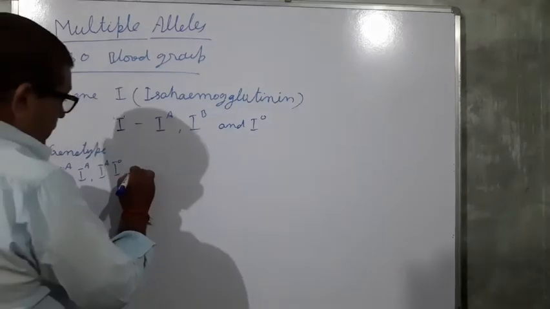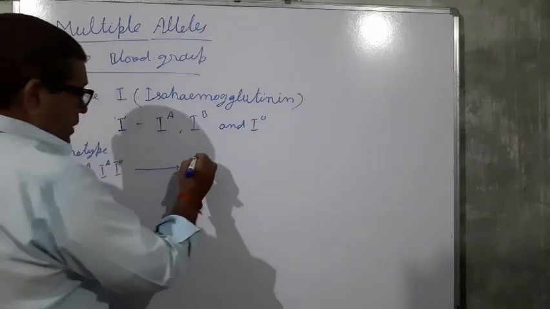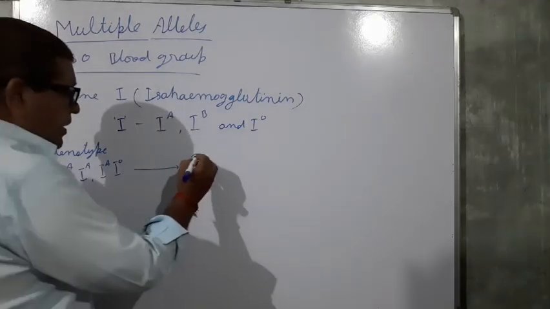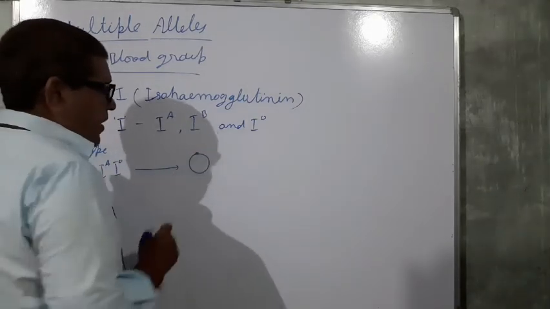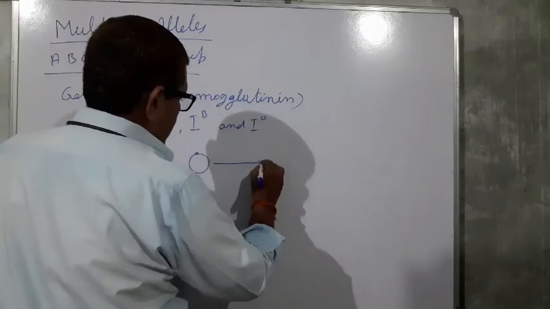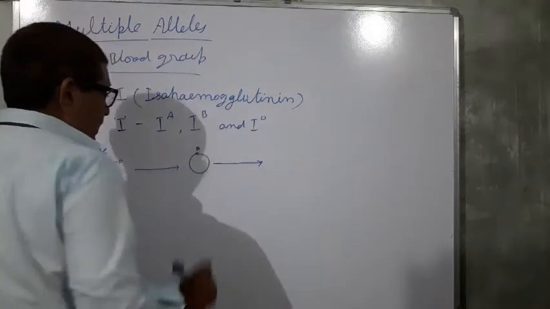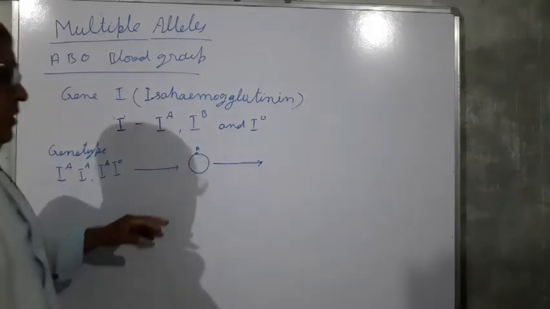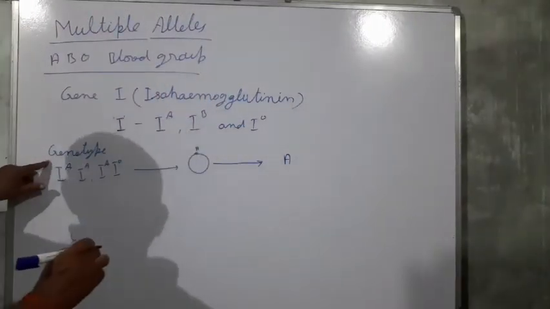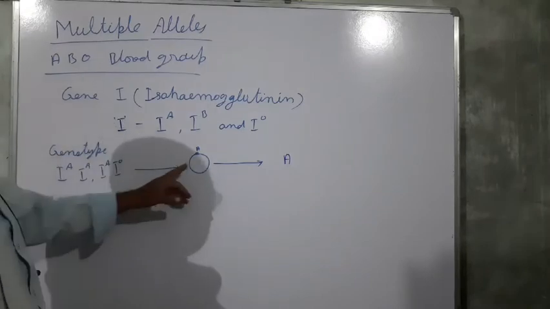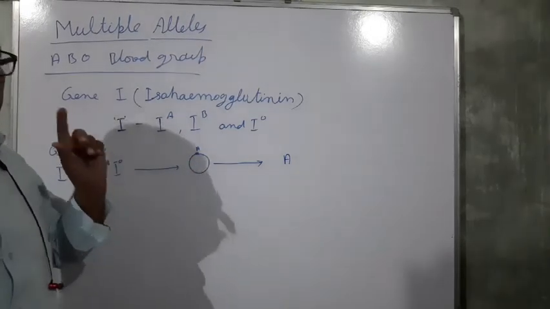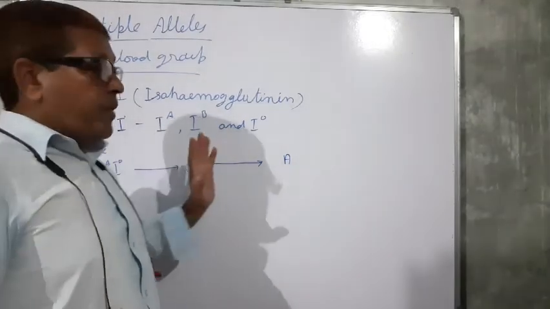This genotype causes the presence of antigen A on the plasma membrane of the RBC, and if antigen A is present on the RBC, the blood group is A. So this genotype causes the appearance of antigen A on the plasma membrane of the RBC, and that is blood group A.